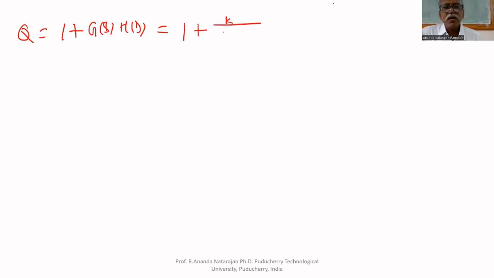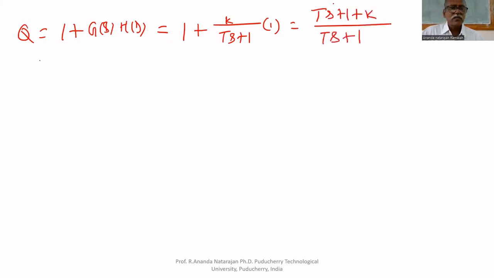So if Q of S equals 1 plus G of S H of S, what did you get? 1 plus K upon tau S plus 1 multiplied by 1, that is equal to tau S plus 1 plus K divided by tau S plus 1. What is the open loop transfer function? G of S is K upon tau S plus 1.